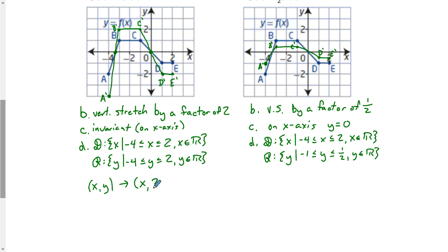But the y's in this one are actually being multiplied by 2. On this one, all of our y's are being multiplied by a half. And that's how the mapping notation would look.